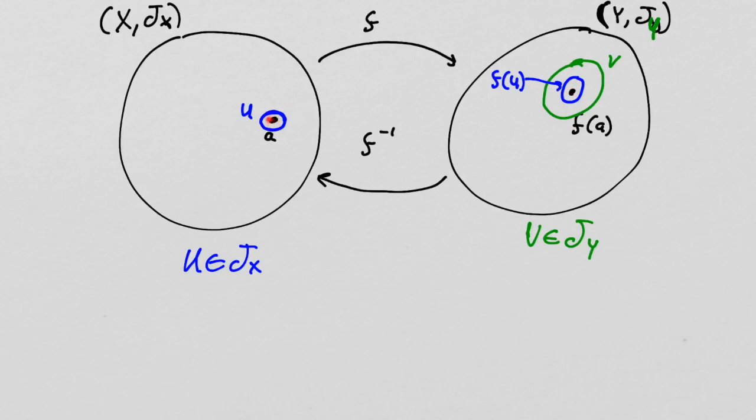There's always going to be a smaller and smaller open set in the topology of X that will still be inside V, no matter what we choose, right? Okay, the bottom line is, if that's the case, we say that f, not f inverse, but f, is a continuous function.